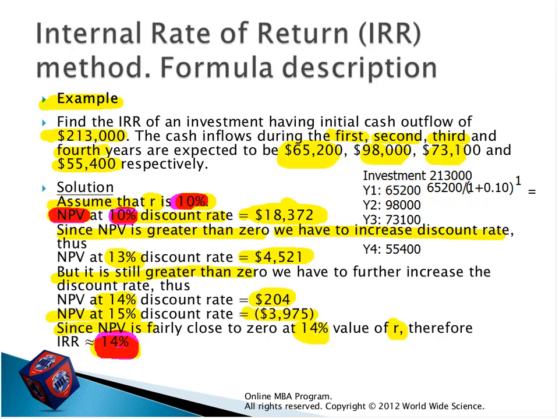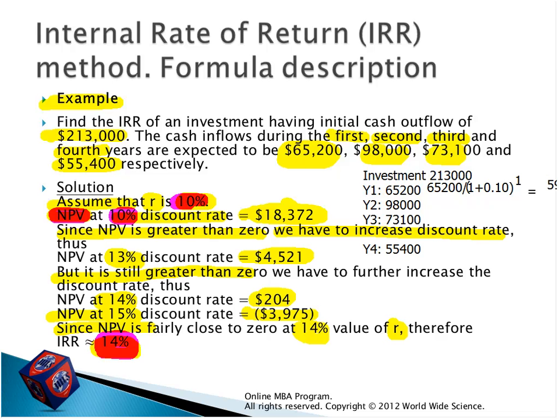And I have got the result 59,273 around. So this is the present value of the first year's future cash flows. Did you get this amount? Use your calculators to find this amount.